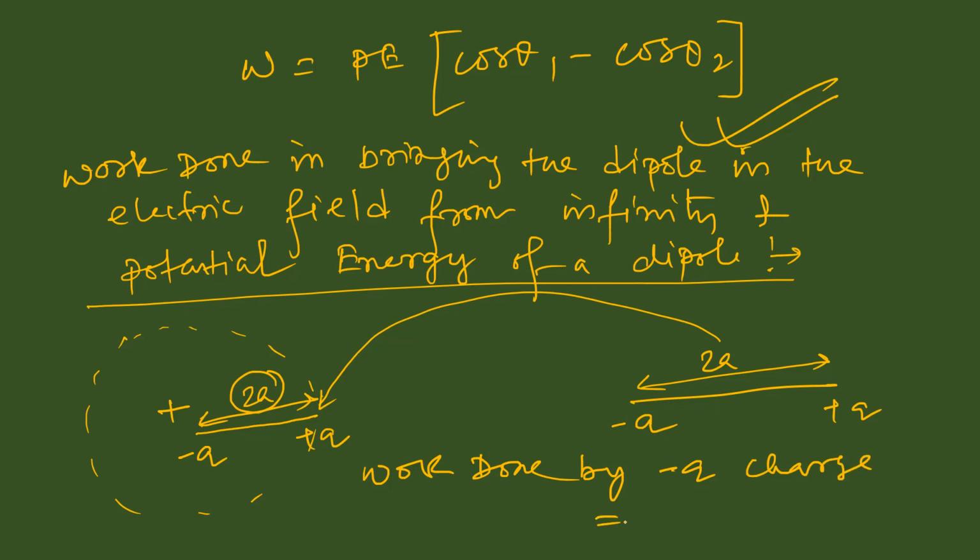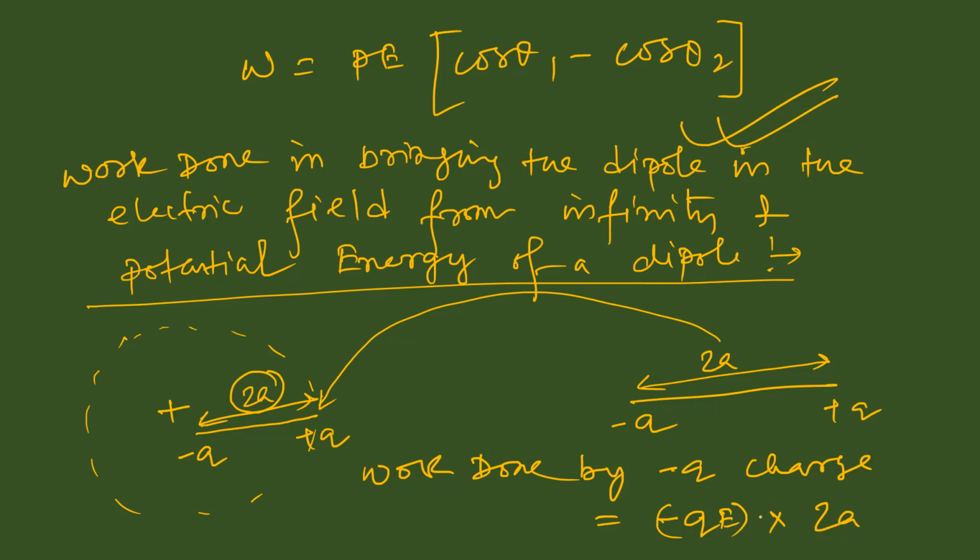Whenever the charge is in the electric field, obviously it will experience some force, and it has a value of minus q into E. We are talking only about the minus q charge, and it has traveled some extra distance of 2a inside the electric field. So the work done is the force, minus q into E, multiplied by the distance traveled. In this case, the distance traveled is 2a.